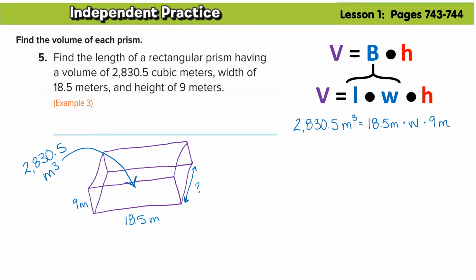So I'm going to multiply 9 times 18.5. 9 times 18.5 equals 166.5 meters squared. And then I'm just going to bring this number down.